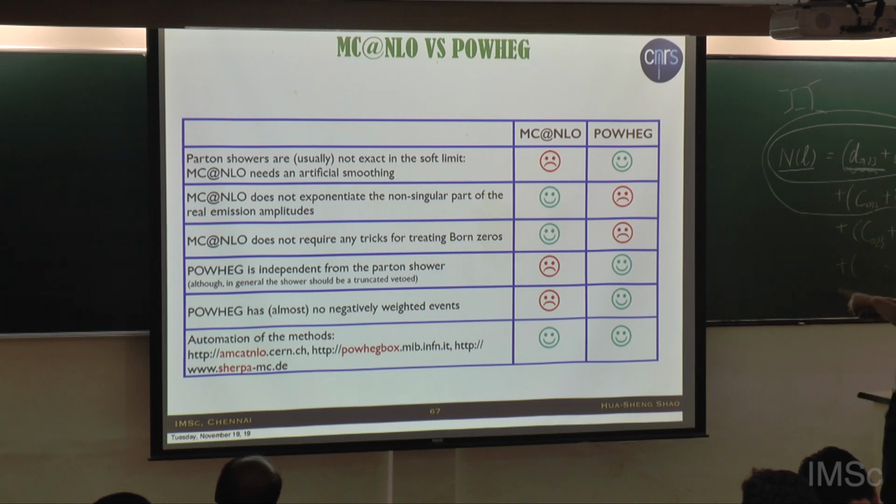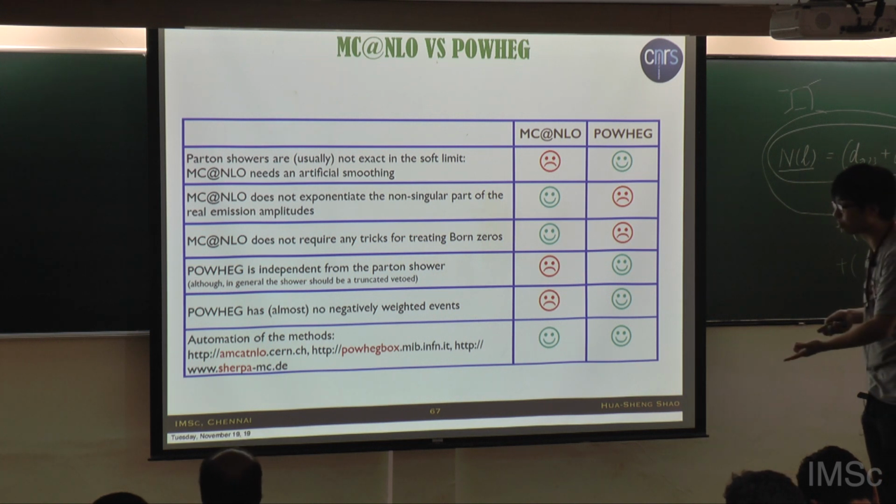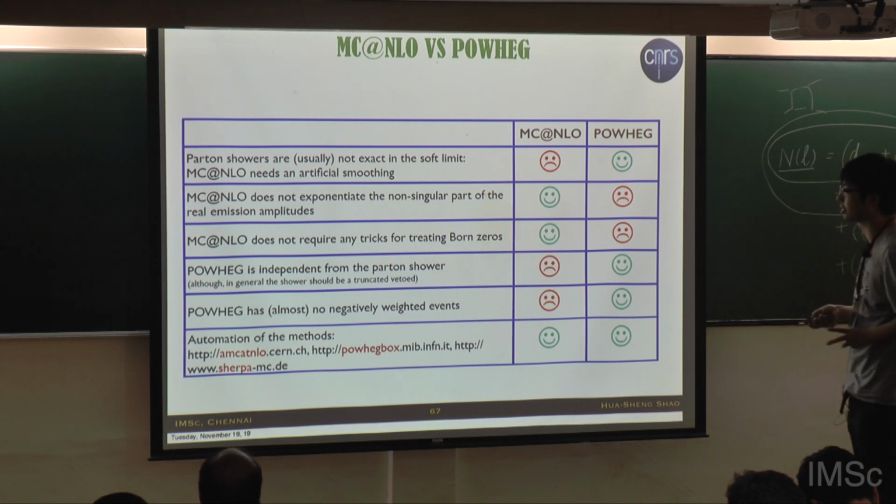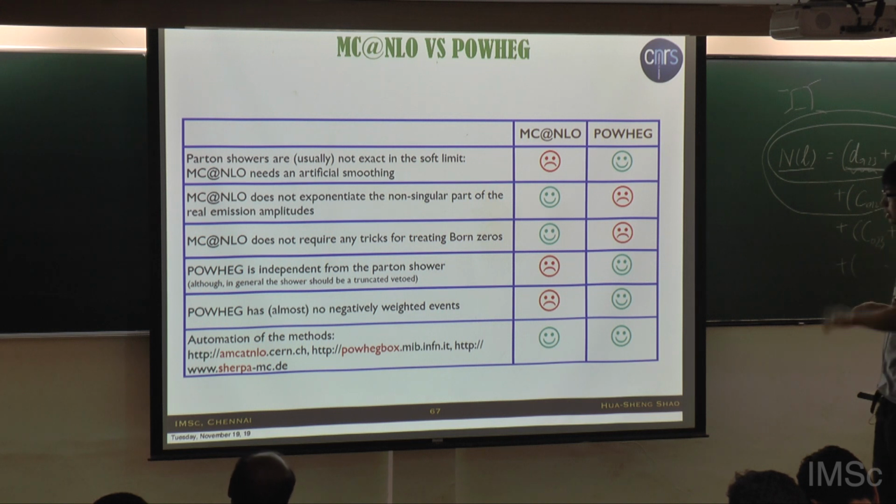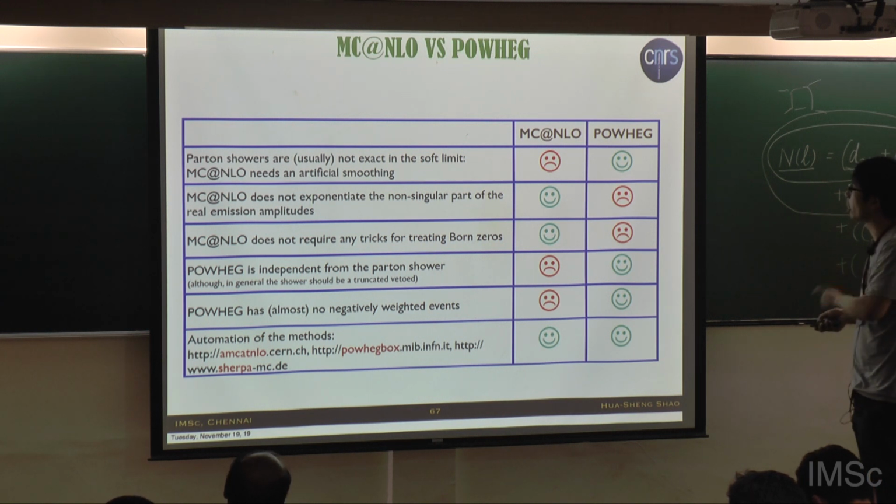The good thing is POWHEG is independent from the parton shower. And POWHEG does not have negative weights, while MC@NLO has negative weights, because POWHEG just multiplies something. Both are automated. MC@NLO is automated via the MadGraph5_aMC@NLO approach, and POWHEG-BOX is the POWHEG-BOX approach.